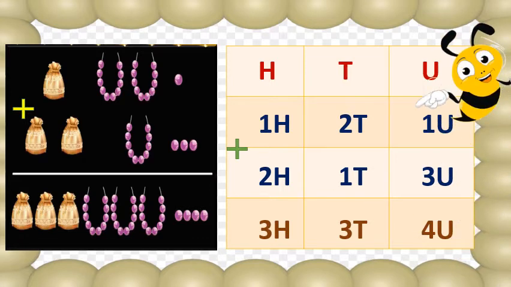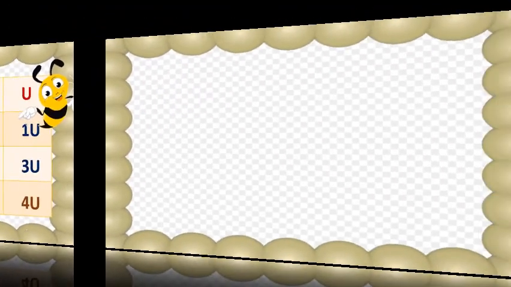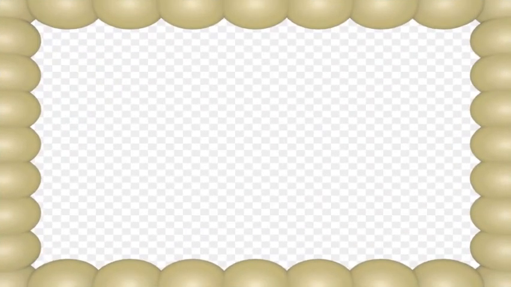Friends, you know how to write and add the numbers in the table, correct? Now we will proceed to the next table. Okay, now here one more table we will draw. Same thing we will write in another way. See here, units, tens, hundreds. Now we know that here 1 I will write, 1 H I will not write, and here 2, only 2 I will write, and only 1 I will write.